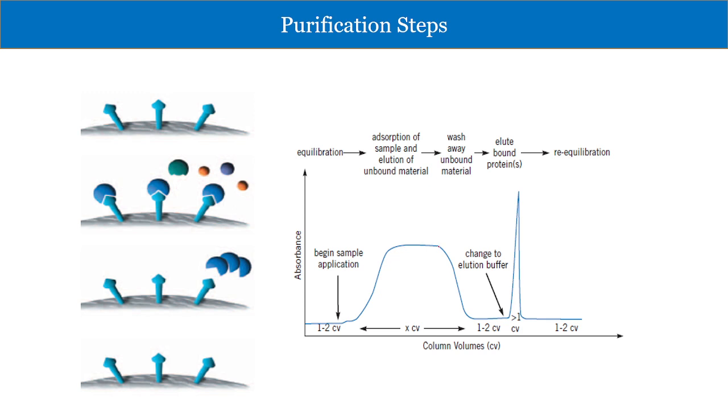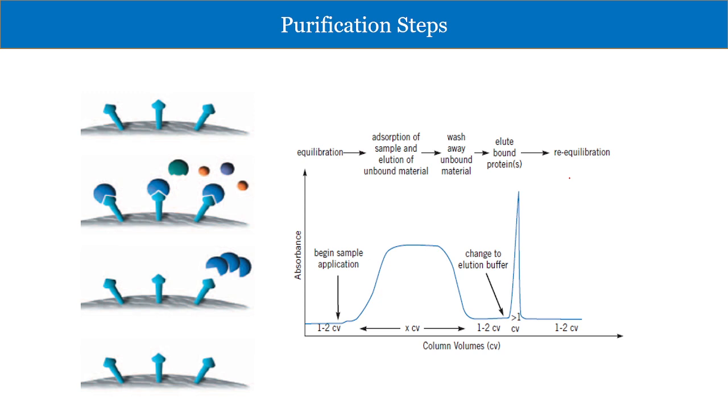You are loading your sample, and it binds to the stationary phase. Then you wash away the unbound material, which is also about 1 to 2 column volumes, and then you elute your bound protein by changing the buffer composition, and you see a sharp peak. After this, the re-equilibration for the next person to use.